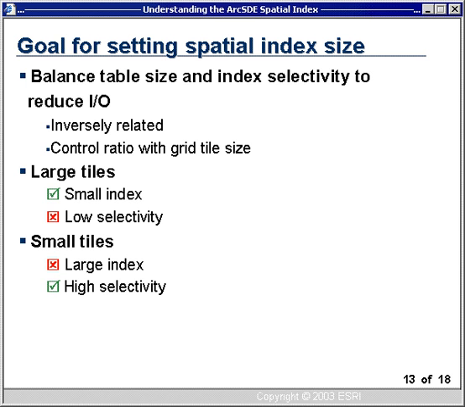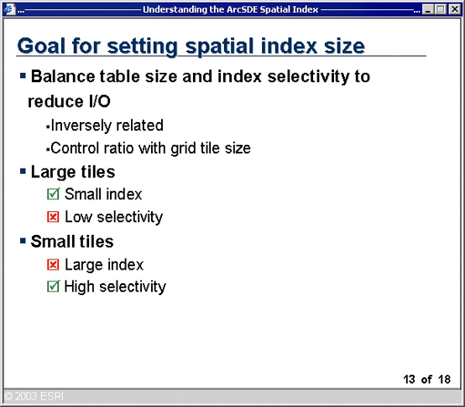Now, what reduces I/O is to reduce the number of records that we need to read through. So we want to make sure that our spatial index table doesn't wind up getting too large. But at the same time, we want to make sure that our index remains selective. And these two are inversely related. We're going to control the ratio between the two with the grid tile size.